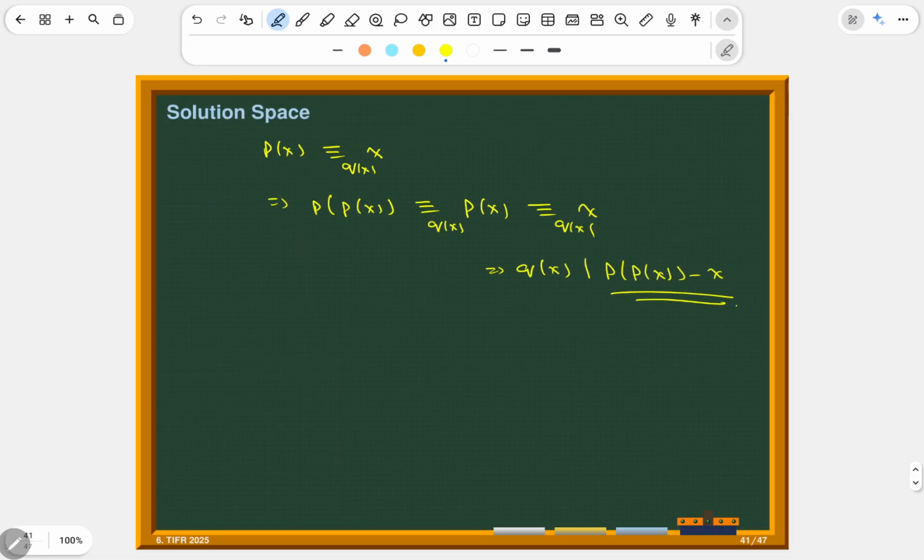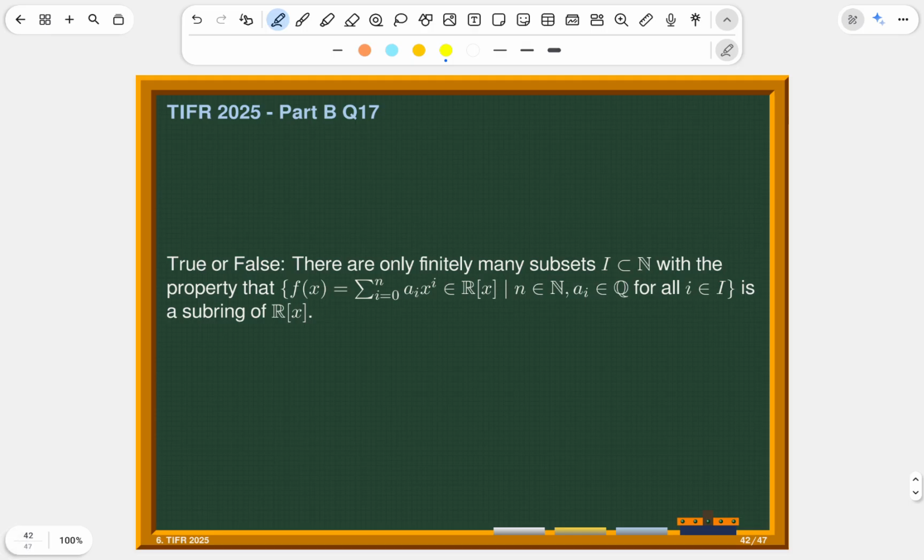Okay, good question. Let us move on to the next question. There are only finitely many subsets I of the natural numbers with the property that f(x) is given to be of the form summation a_i x to the power i, a real polynomial where n is a natural number, and a_i is in Q for all i in I, such that this set actually forms a subring.